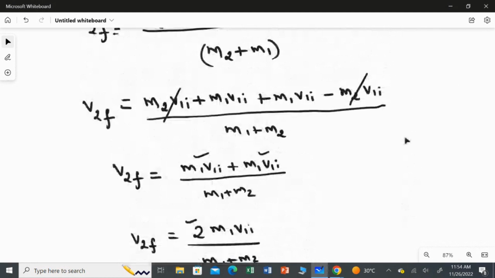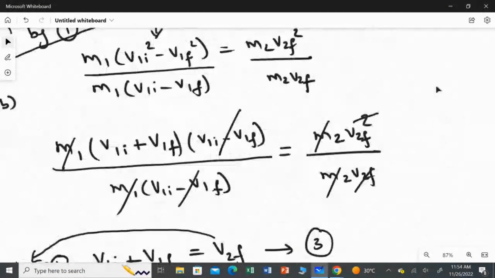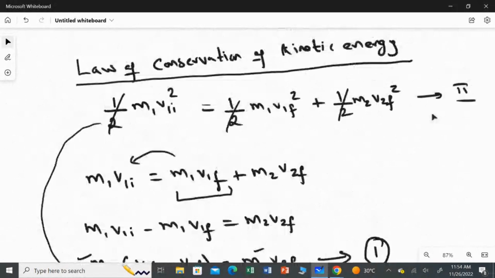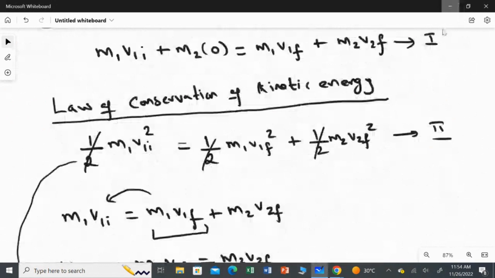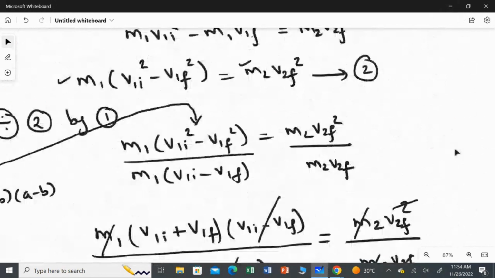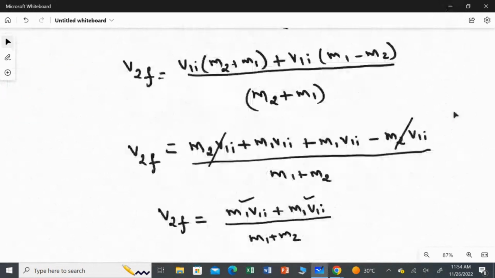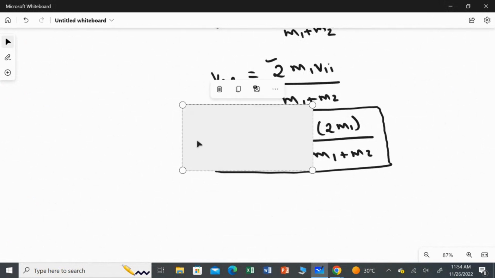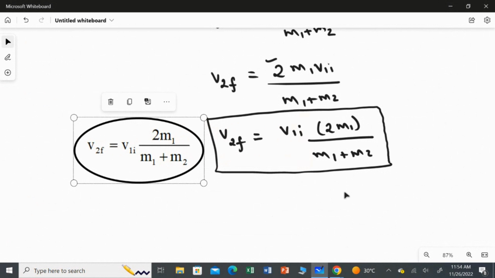As I already showed the equation, I'm going to copy that equation and paste it near the equation which we derived now. Am I right? And then we can cross check our terms, so that I can verify.